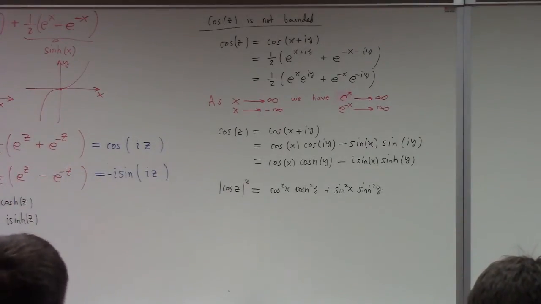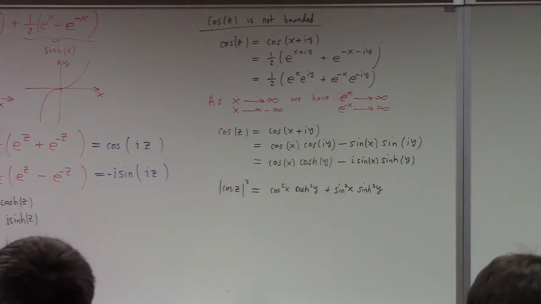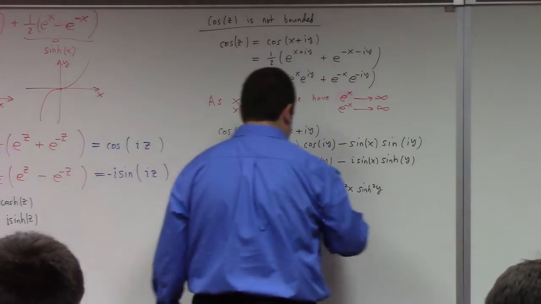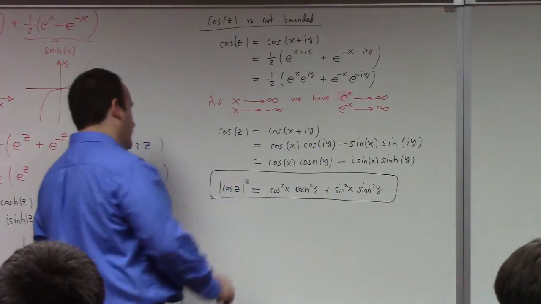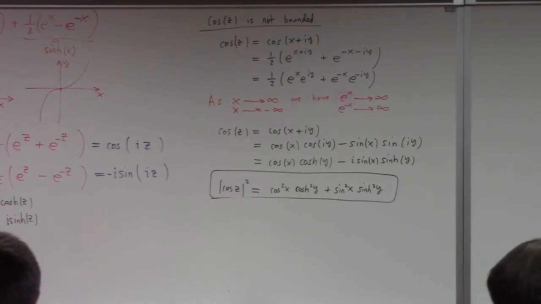And clearly that's not bounded, right? Because cosh and sinh get arbitrarily large as y goes to infinity. And there's some similar discussion to be had for sine z. You can also show sine z is a sum of such terms, and it's also not bounded.